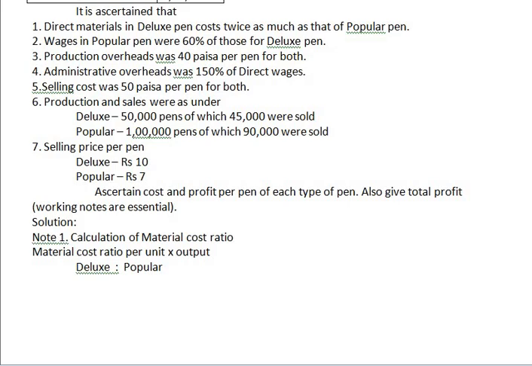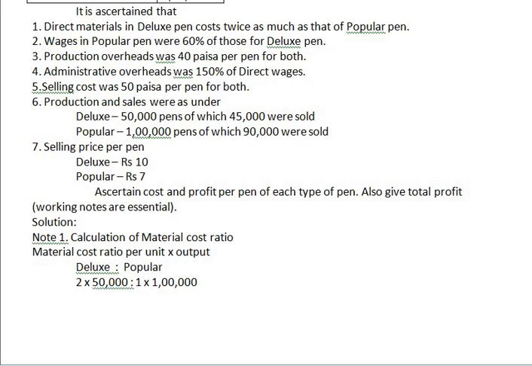Now just see material cost ratio per unit. What they have given in the first point is that deluxe pen costs twice as much as that of popular pen. So deluxe cost 2, and the production of deluxe pens is 50,000. Now popular pen is 1, into their production of 1 lakh.